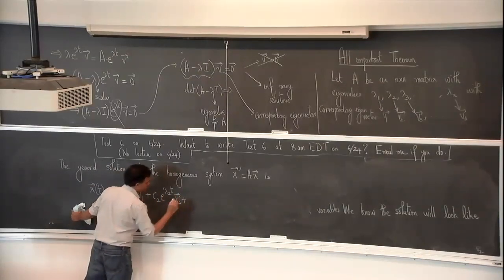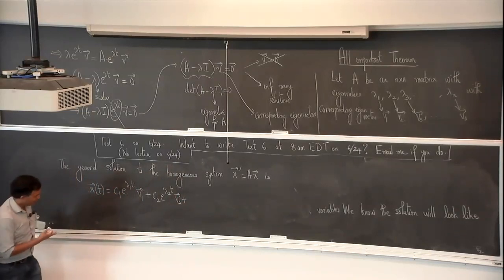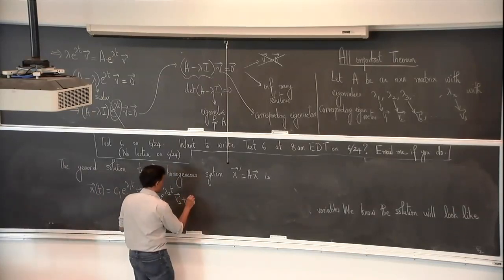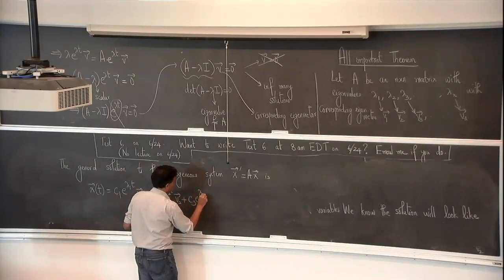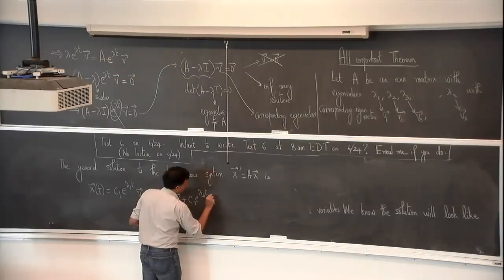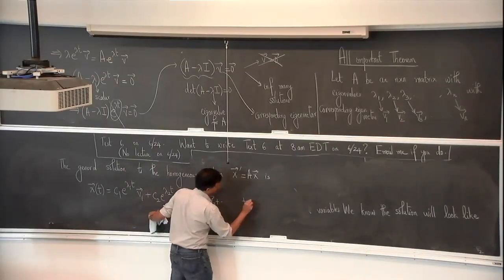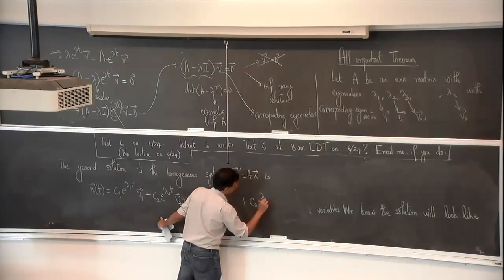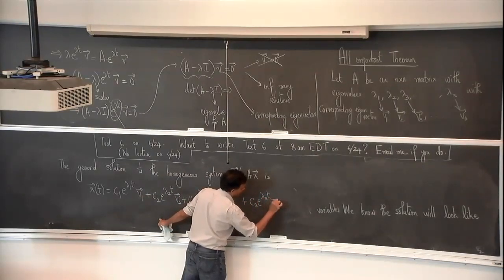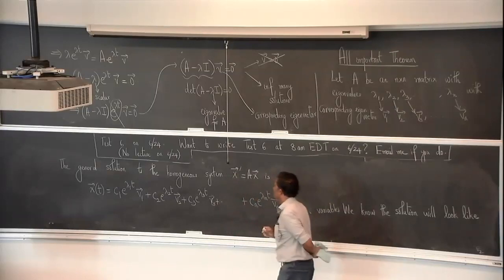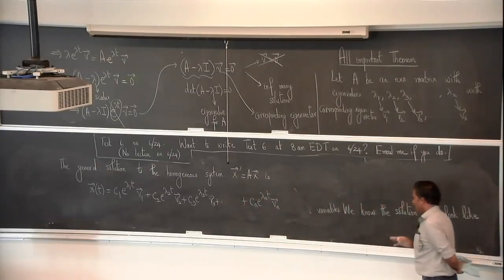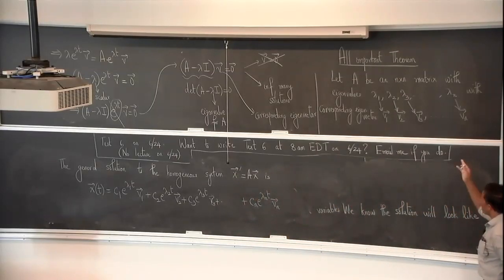Any linear combination of these vectors will also be a solution, plus c3 e to the power of lambda 3 t times v3, and so on, plus cn e to the power of lambda n t times vn.